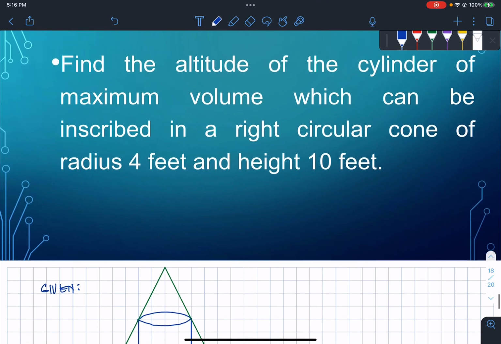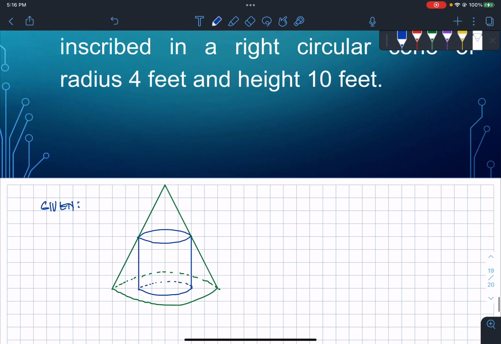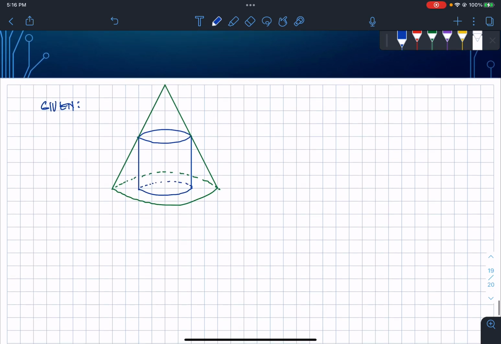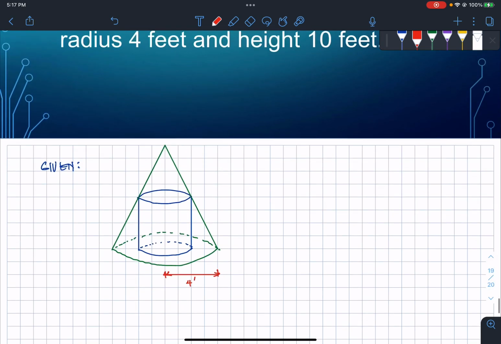So the right circular cone has a radius of 4 feet. Then it has a height of 10 feet.